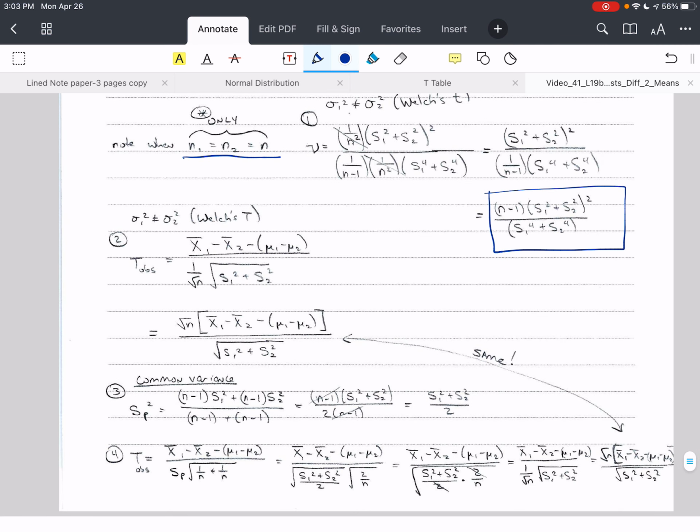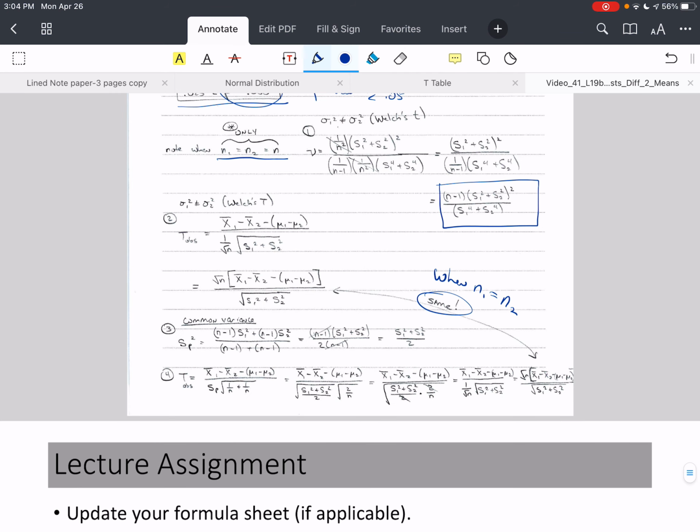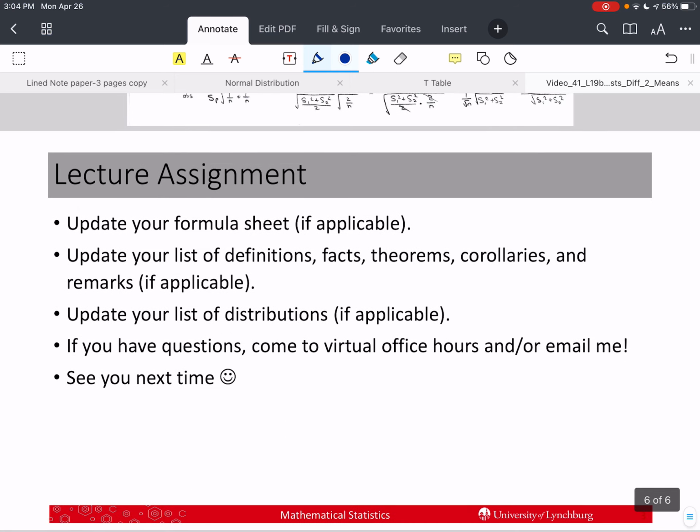And then the same thing, T observed with common variances, you're going to see that they're the same when N1 equals N2. And so I gave you some easier formulas here to use when N1 is equal to N2. But be careful, it only works when the sample sizes are the same, okay?